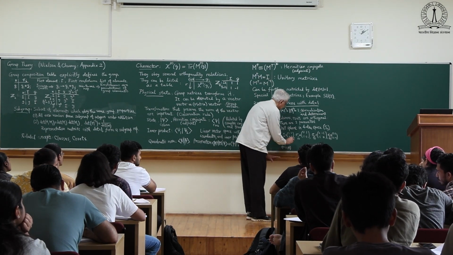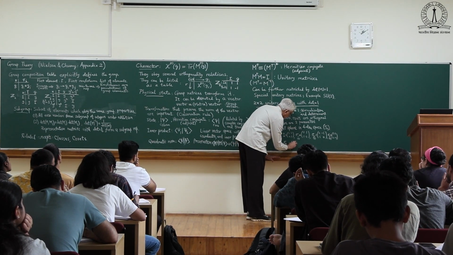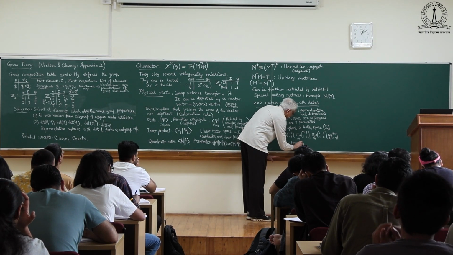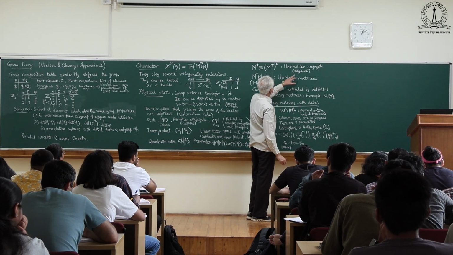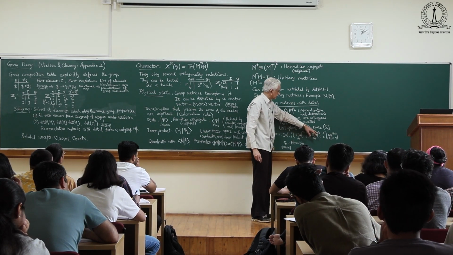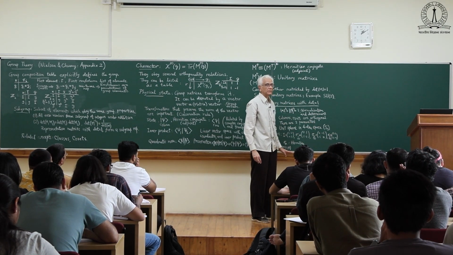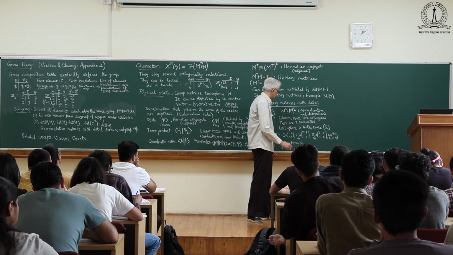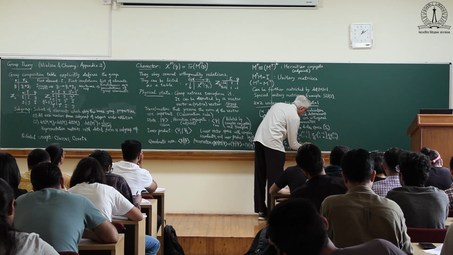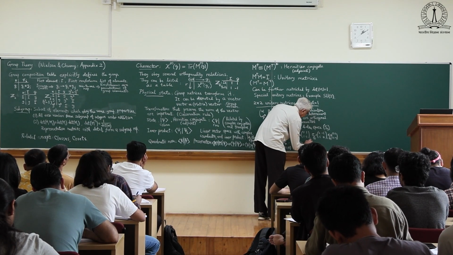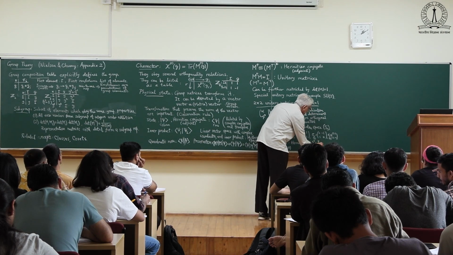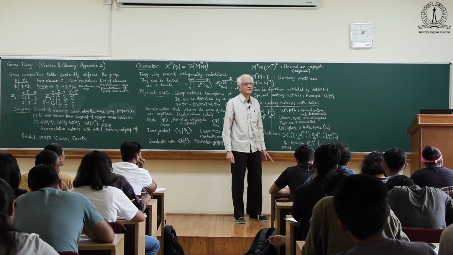They are all Hermitian. If I take the conjugate transpose, they will come back to themselves. But on top of it, they are all square roots of identity.